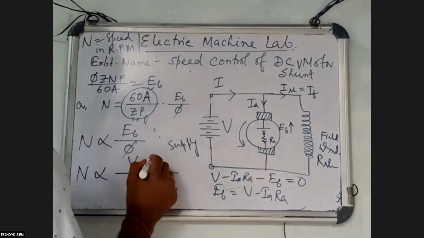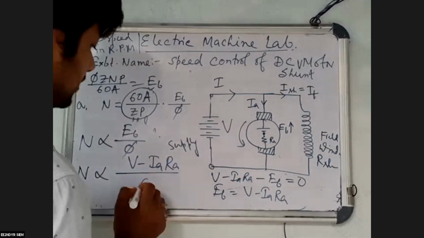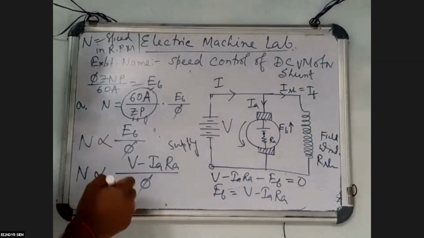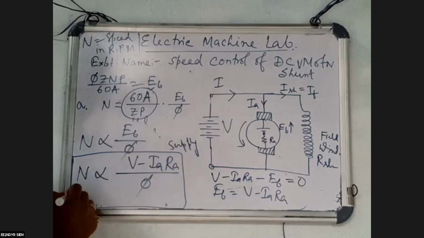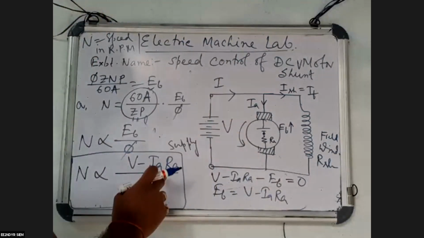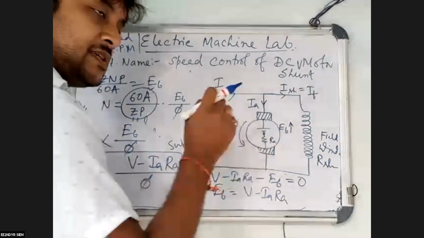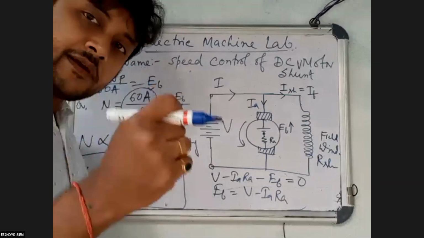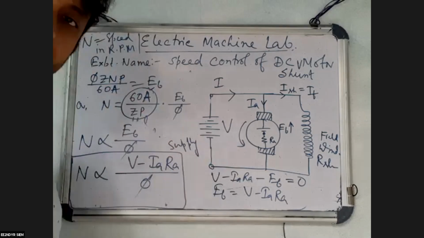So you can write N proportional to V minus IA RA by φ. So the entire equation of speed depends on this particular form in this circuit. Now you see RA. What is RA? RA belongs to the armature resistance. So the speed can be increased or decreased by changing this resistance.